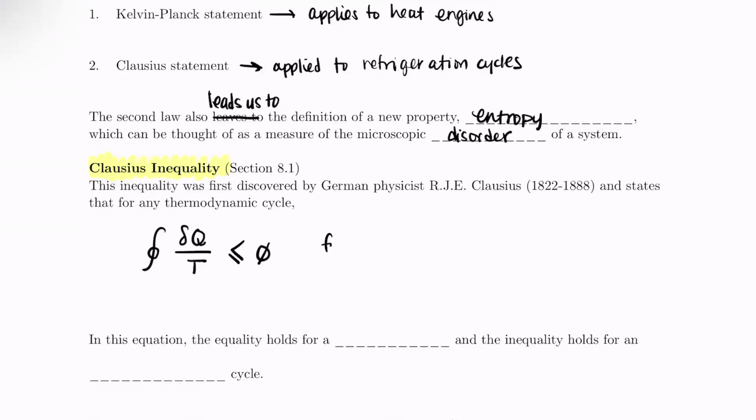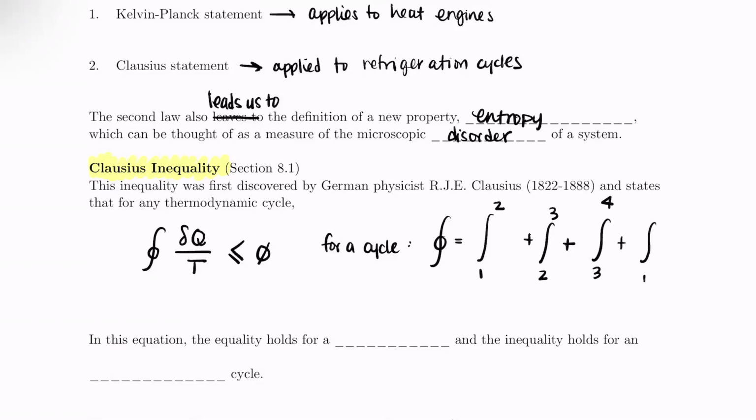Okay, so for a cycle, this path integral is equal to the integral from state 1 to 2, plus the integral from state 2 to 3, plus the integral from state 3 to 4, plus the integral from state 4 to 1.